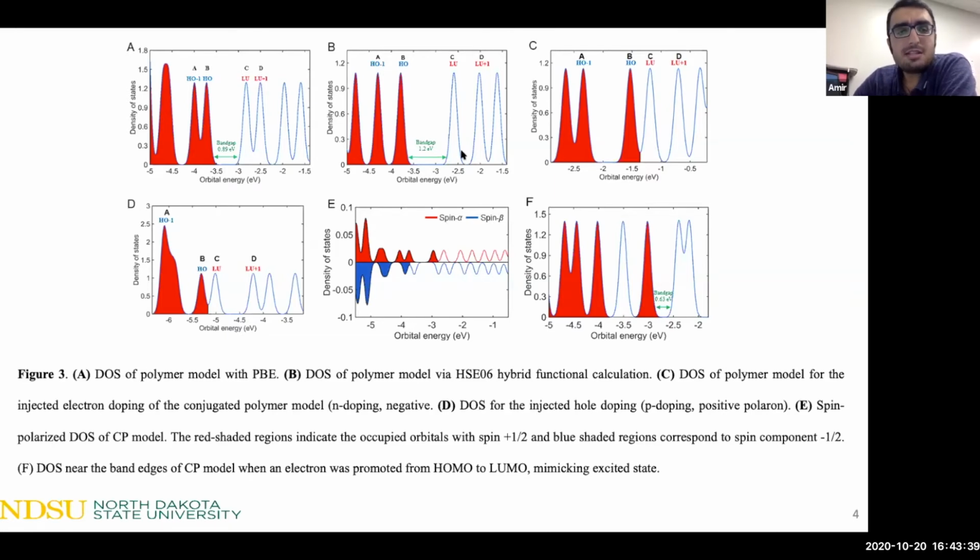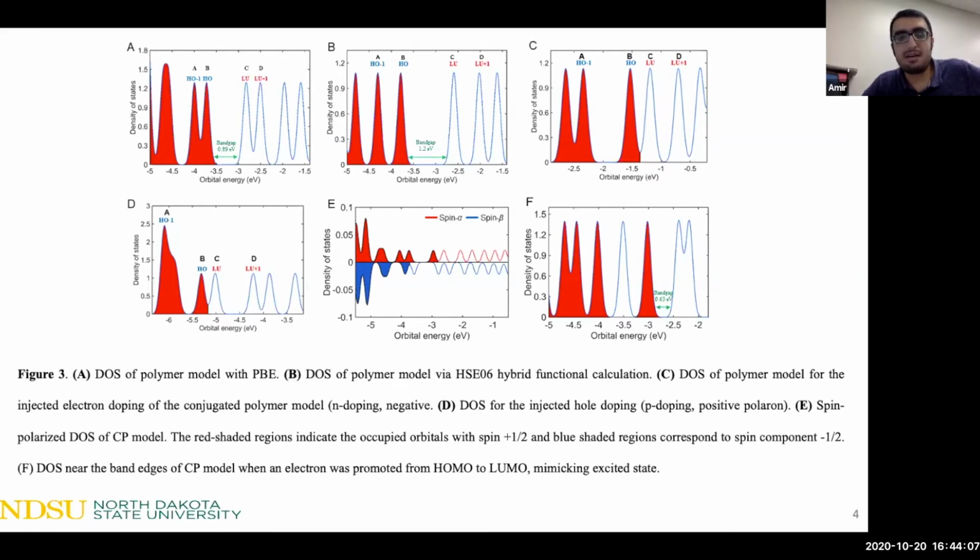So the next step, in subfigure B, we employed the hybrid functionals, especially HSE06, to see how these hybrid functionals can provide a better approximation of the energy gap. We know that these hybrid functionals do a very good job of calculating the band gap of semiconductors.